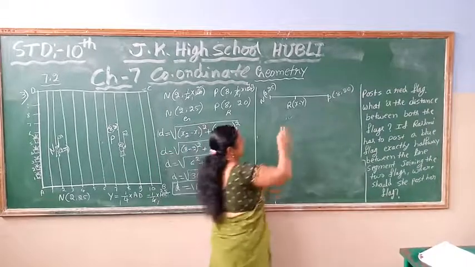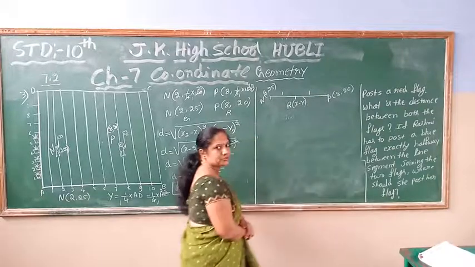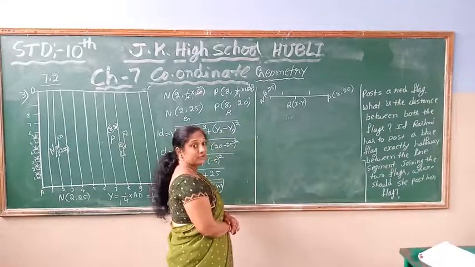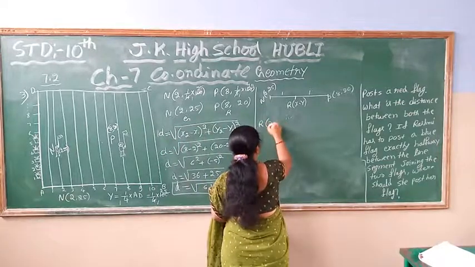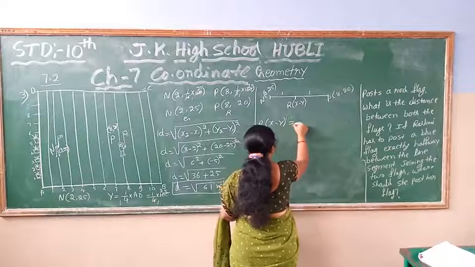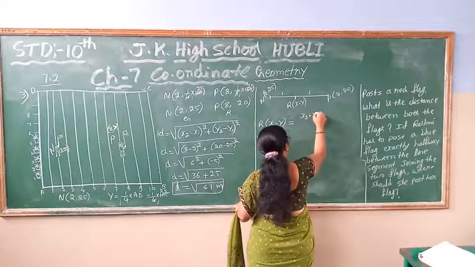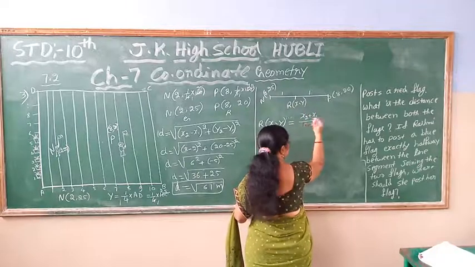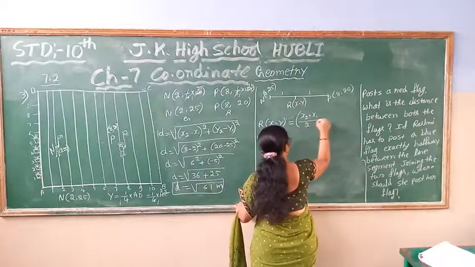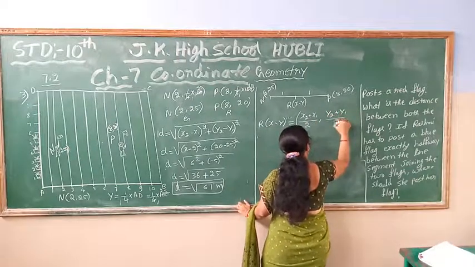She is keeping that flag in the ratio 1:1, so now I can find it directly by using the formula. If it is at the middle, then it becomes (x2 plus x1) by (m1 plus m2), that is 1 plus 1, which is 2. So (y2 plus y1) divided by 2, children.